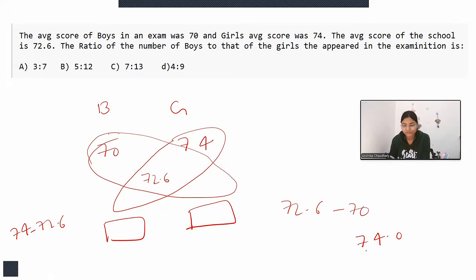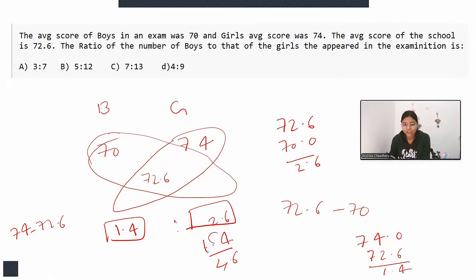Let me do it. 74 minus 72.6 gives 1.4, and 72.6 minus 70 gives 2.6, right? So this is the ratio only, nothing but.